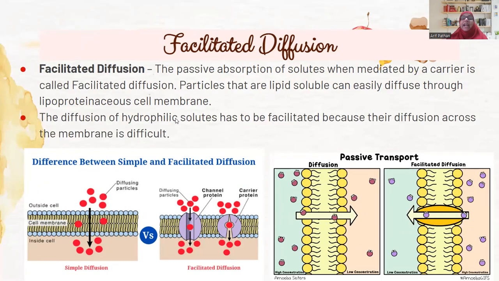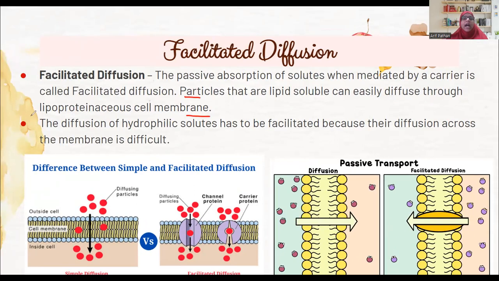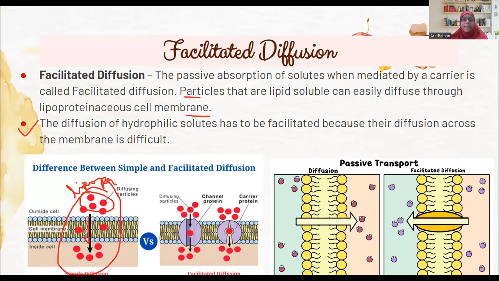So the diffusion of hydrophilic solute has to be facilitated because their diffusion across the membrane is difficult. What do we mean by this? When these molecules are lipoprotein in nature, they can easily cross the lipid bilayer because it is made up of lipid and protein.